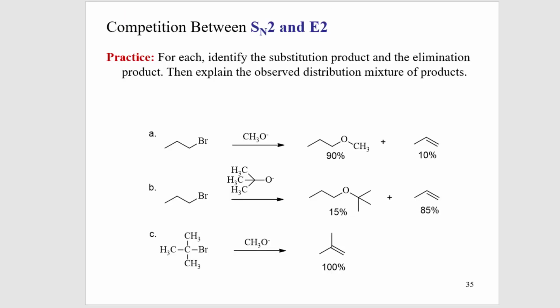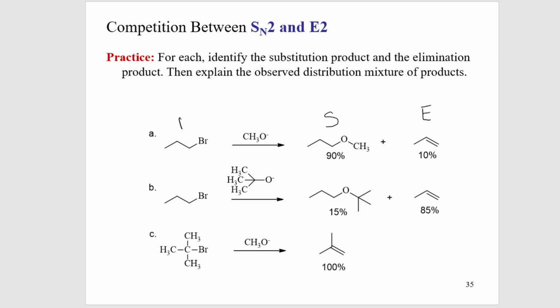So in this first case, what you'll notice is that we're giving you a 90 to 10 product distribution. This is the substitution product, and this is the elimination product. And what you want to rationalize here is, first of all, what type of substitution elimination was it?